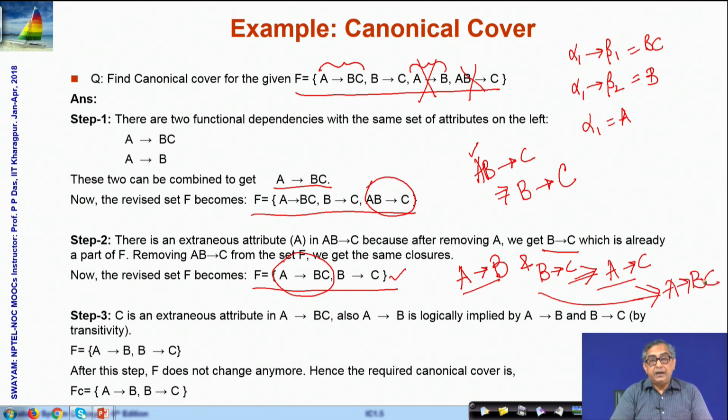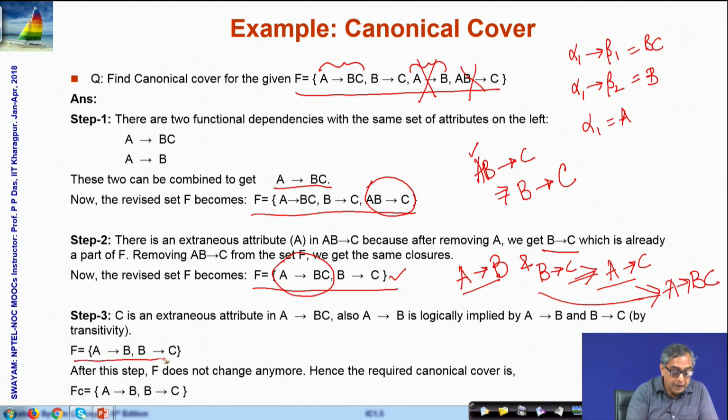So, I can see that even if I remove C from the right hand side of A determines B C, in the closure I will still be able to get A determines B C. So, I can conclude that C is an extraneous attribute and it can be removed.